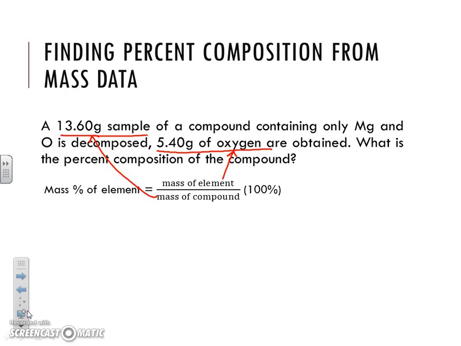And so we can use the same formula to calculate the mass percent of magnesium and oxygen in this compound.